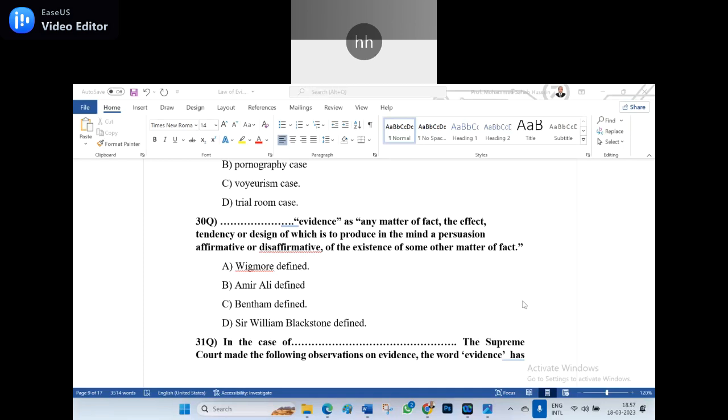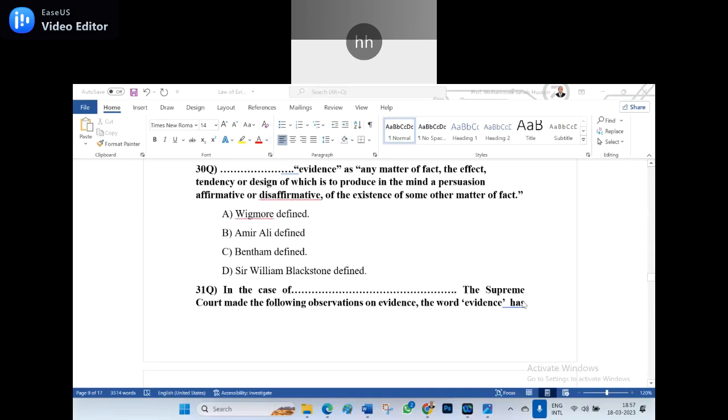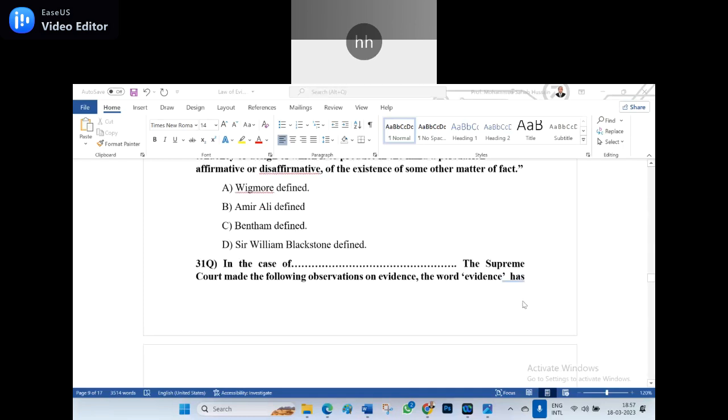D. Sir William Blackstone defined. Bentham, sir. Bentham, C. Yes, evidence as any matter of fact, the effect, tendency, or design of which is to produce in the mind a persuasion, affirmative or disaffirmative, of the existence of some other fact, end quote. It is defined by Bentham.